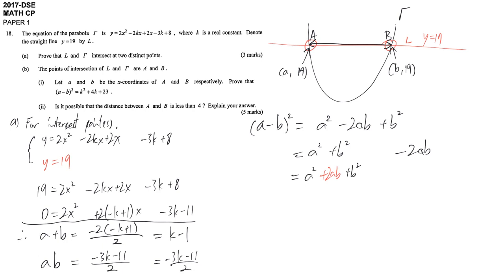But again, I can't just simply create from nothing, so I have to subtract it immediately. That's why we have (alpha plus beta) squared and then minus 4 alpha beta. We have all the components we need. We have alpha plus beta, we also have alpha beta, so I just replace it.